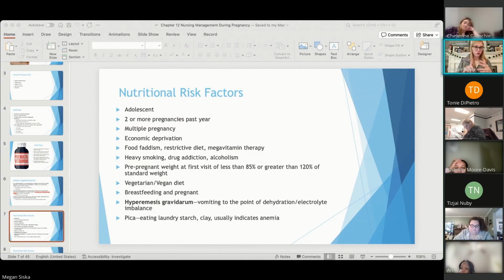No food, no fluids, to the point where they're severely dehydrated and have electrolyte imbalances, and sometimes even need to be hospitalized in their pregnancy to help control their symptoms and to get them the nutrition that they need and to correct their hydration and electrolyte imbalances. So hyperemesis is no joke. And then pica. So we mentioned pica is that weird thing where you eat non-edible items.